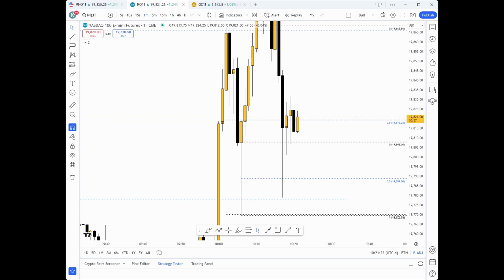Yep. Can understand it entirely. Right? Hitting the midpoint of a prior zone, not something I typically like to short into. Right? If it doesn't go now, I'm definitely not interested in shorting.